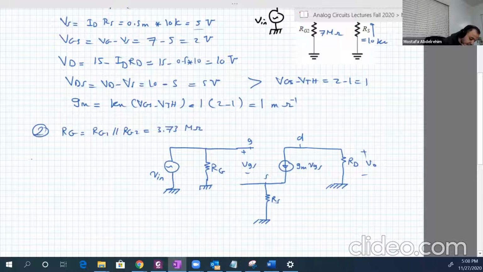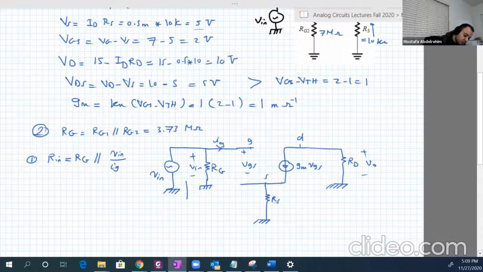Okay, number 1, find R input. R input is equal to RG. So here is V input, here is I input, or let's call it IG, so R input is V input over IG.